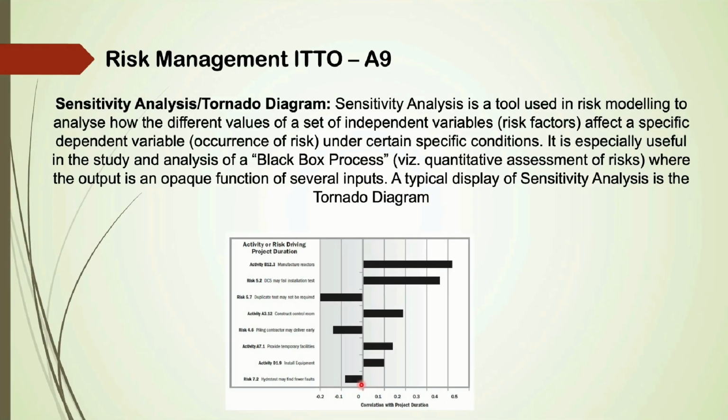Answer: Sensitivity analysis. An example could be a tornado diagram. Sensitivity analysis is a tool used in risk modeling to analyze how the different values of a set of independent variables affect a specific dependent variable under specific conditions. Read the slide for more details, and I have also attached a picture of a tornado diagram.